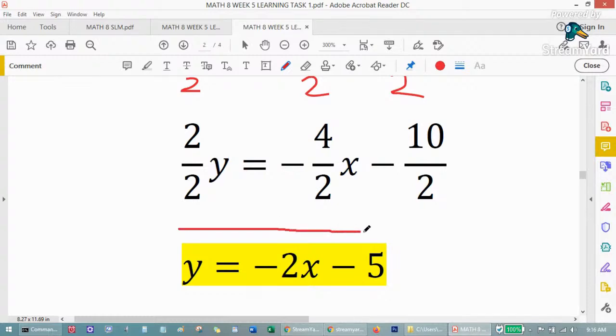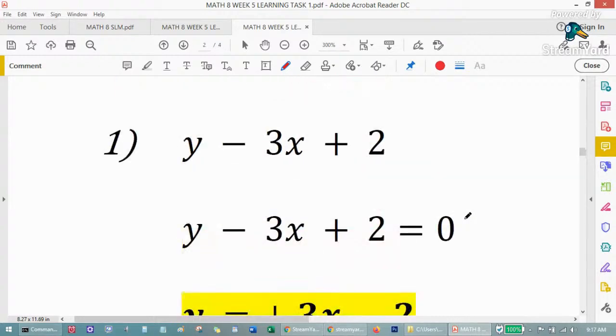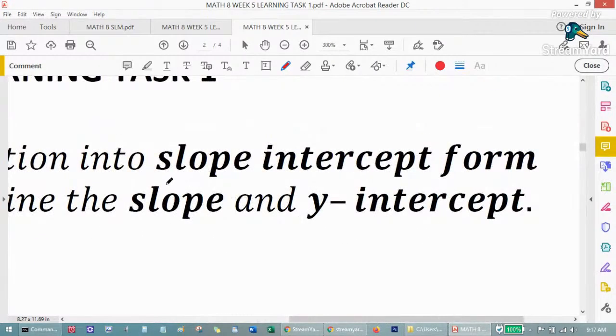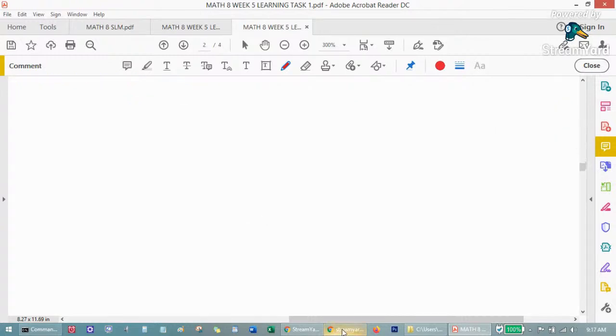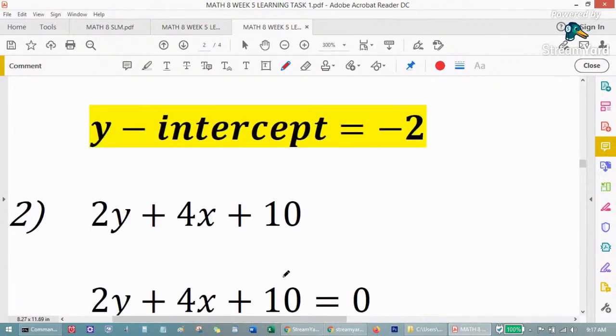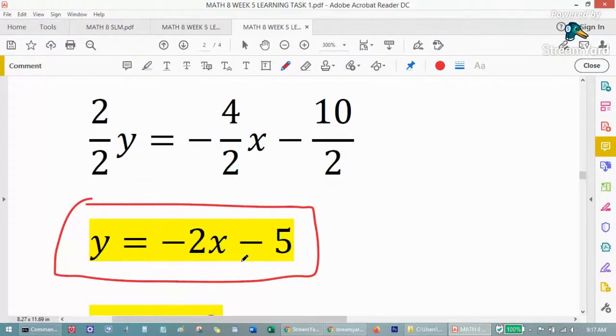So, this is the slope-intercept form. Okay? And then, ano ang slope? So, the slope is coefficient ng x or yung number na katabi ng x.